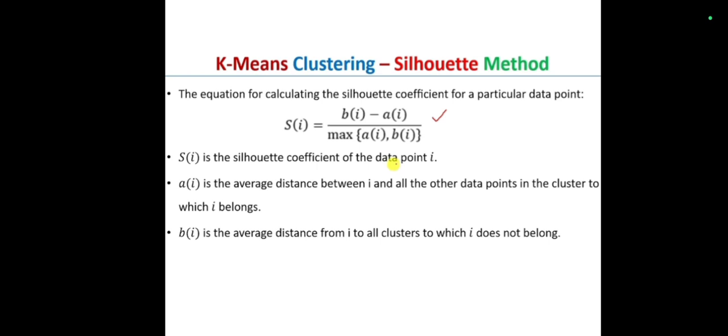Here in this equation, S(i) refers to the Silhouette coefficient of the data point i. a(i) is the average distance between i and all other data points in the cluster to which i belongs, and b(i) is the average distance from i to all clusters to which i does not belong. So with the help of this equation, we can find the optimum value of k.